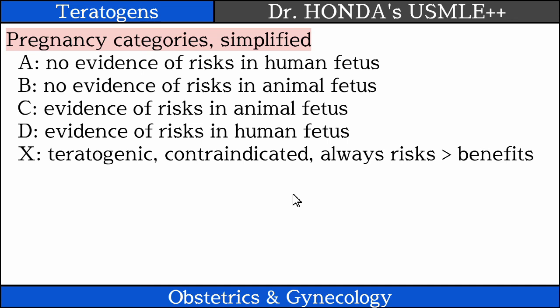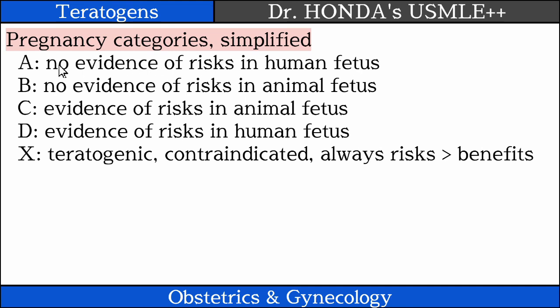And first, we're going to talk about pregnancy categories. These are simplified so that you guys can remember easily. You see this? We talk about evidence of risks. There is no evidence of risks, or there is evidence of risks in a human fetus or animal fetus.